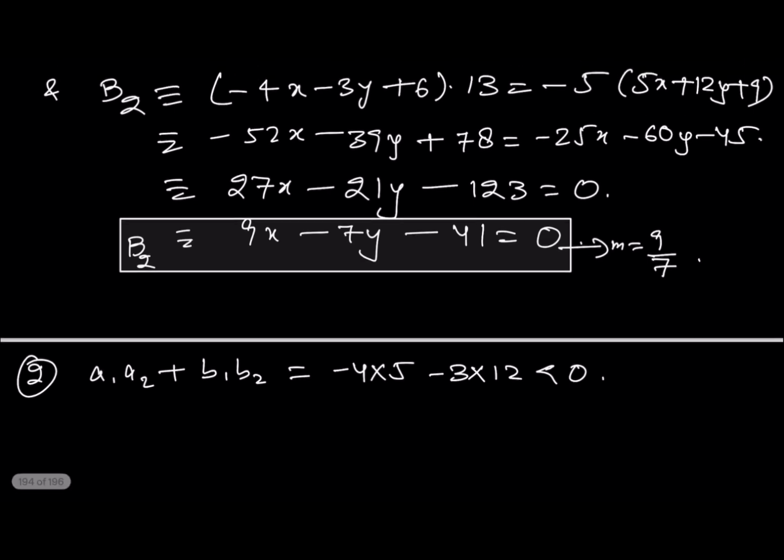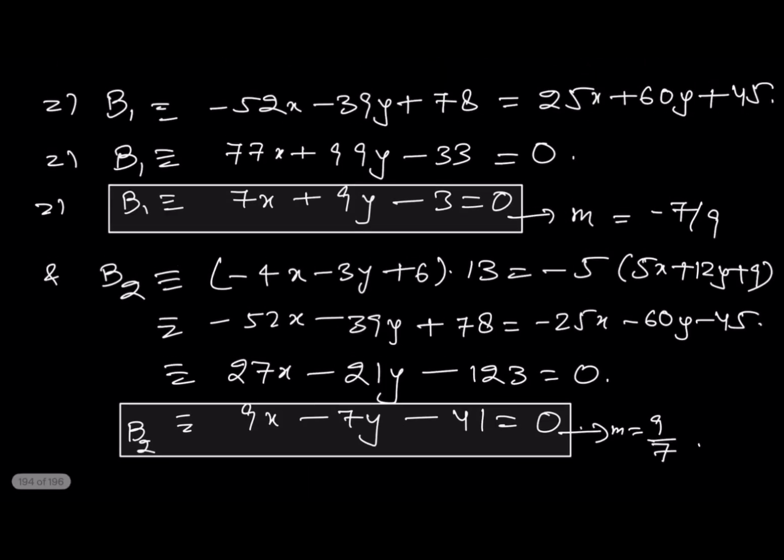So in this case B2 is the obtuse angle bisector, because with B2 there is a minus sign.